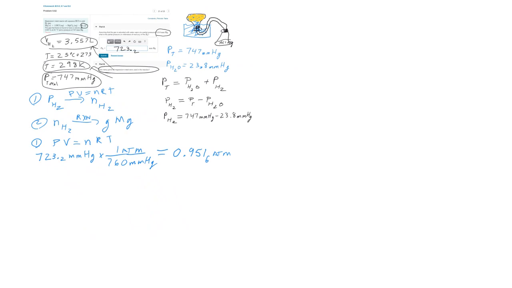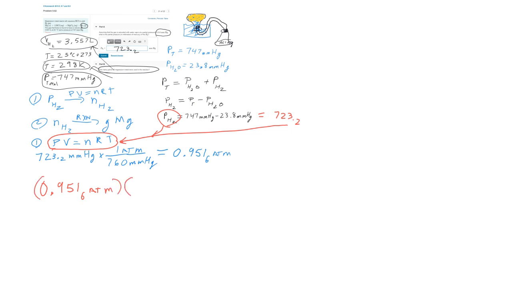So now I substitute into PV = nRT. I've got the pressure of the hydrogen gas, 0.9516 atm, right? So I've taken that partial pressure of hydrogen gas and I'm plugging it in. They told us the volume way back up here, right?